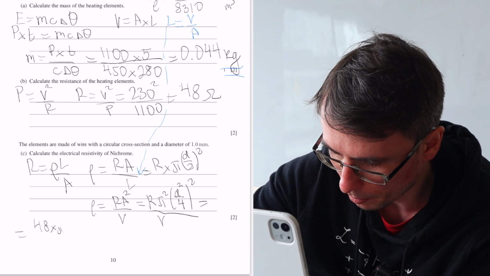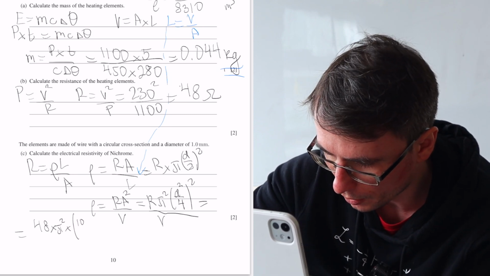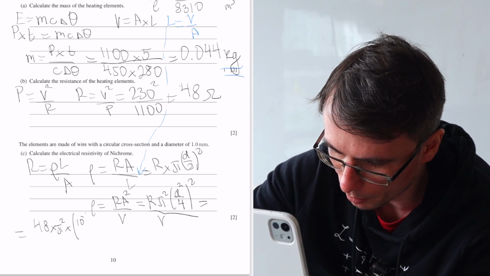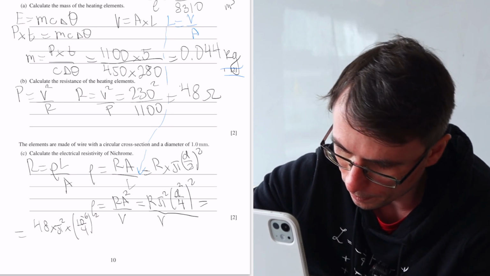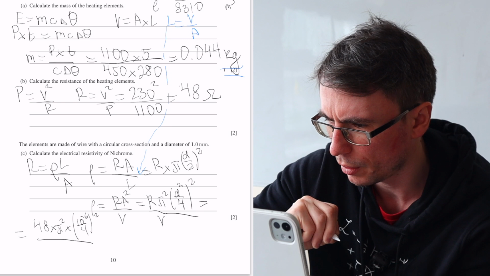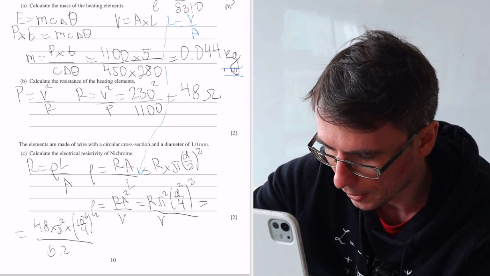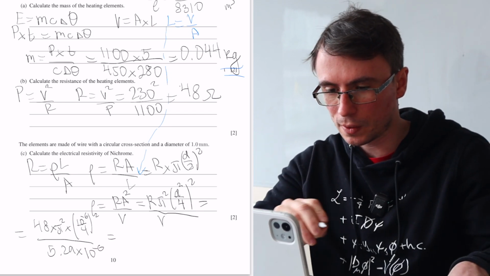Multiply this by pi squared, diameter, which is 1 millimeter, 10 to the power of minus 3, squared is 10 to the minus 6, squared over 4. Divide that by the volume, which is 5.29 times 10 to the power of minus 6.